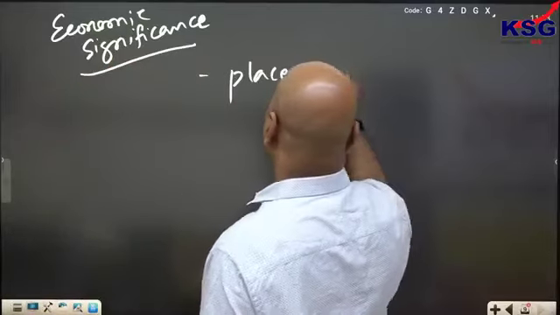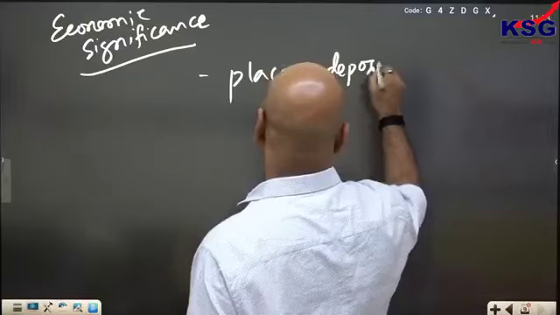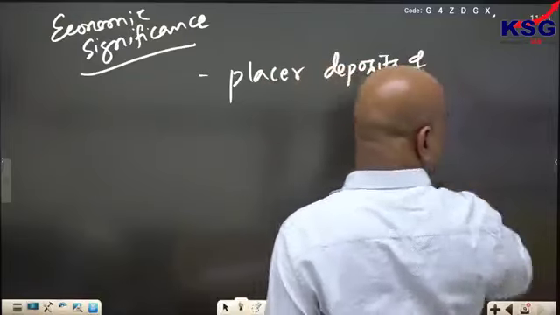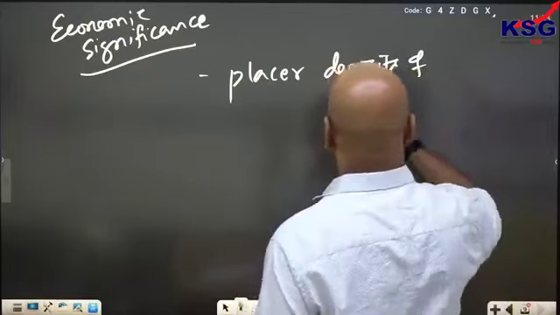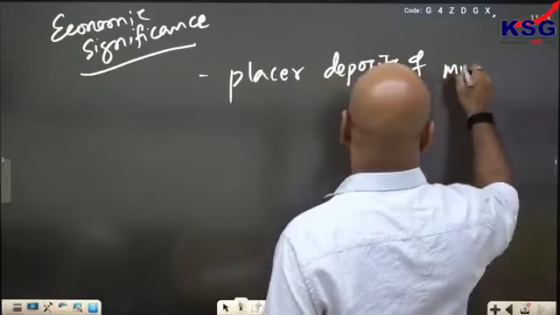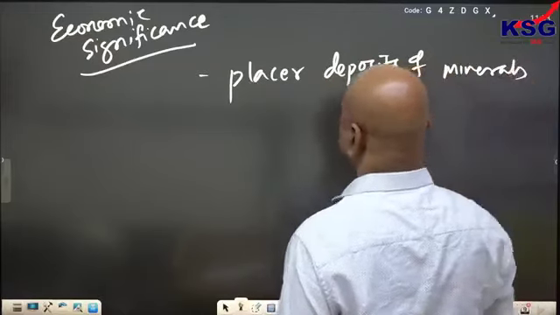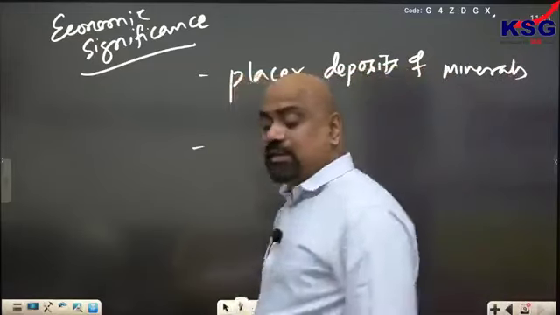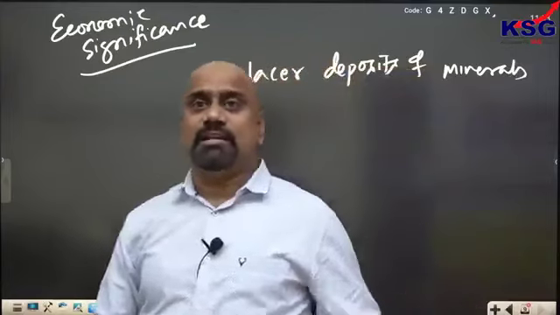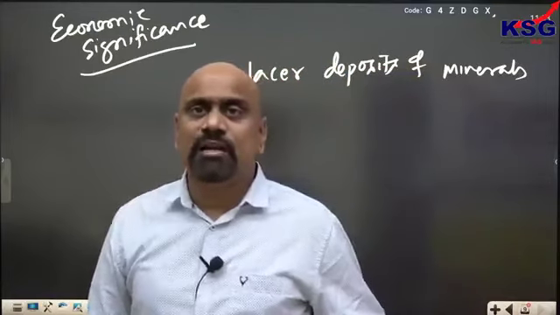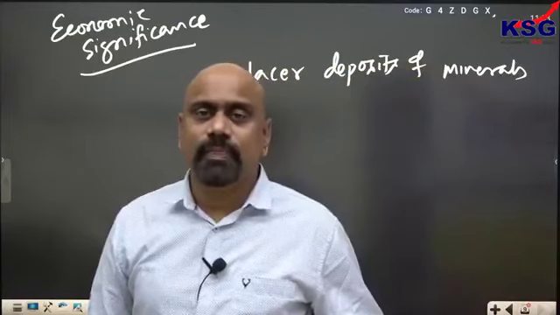placer deposits of minerals with the sand, silt and clay. Placer deposit means that with sand, silt and clay we have mineral deposits. They occur on the continental shelf.